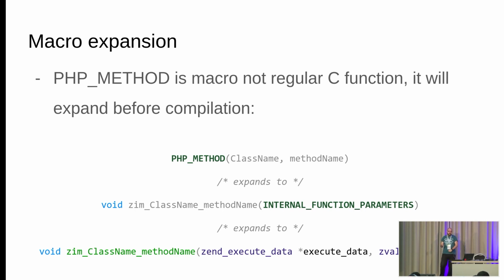So finally, all of the PHP methods which we will add into our extension will have the following signature: void zim_class_name_method_name. Then there is a structure which represents the actual data that are used during the execution of this command. It's marked as a pointer. And then we have a value to which we shall add our return value.